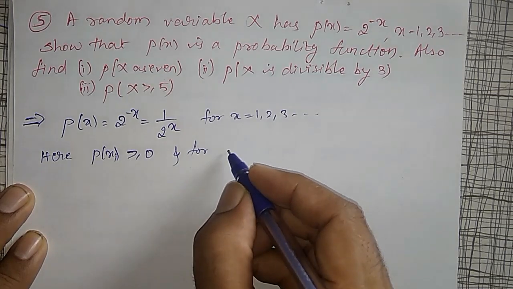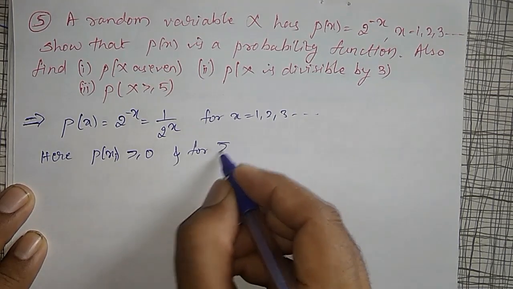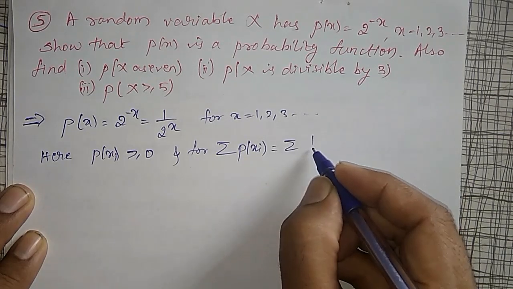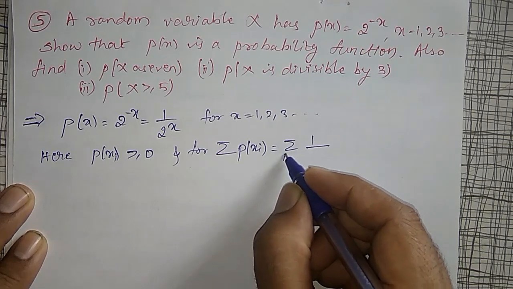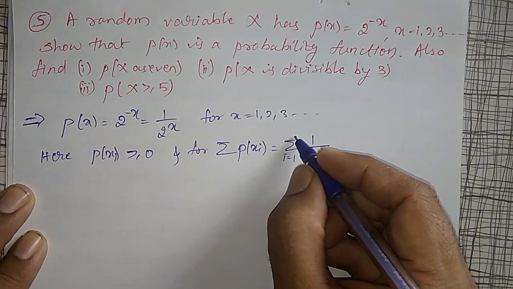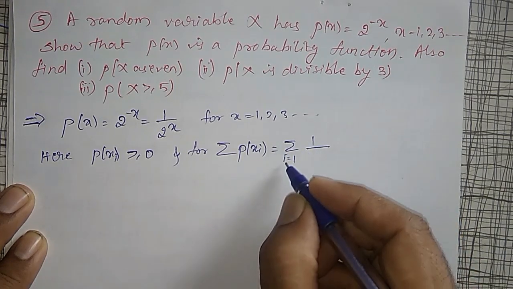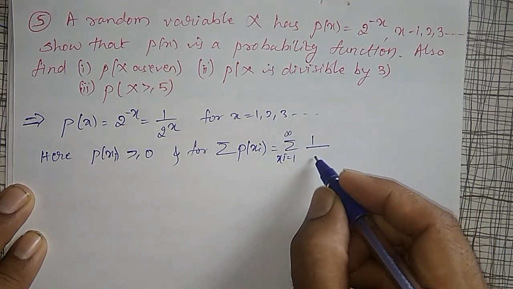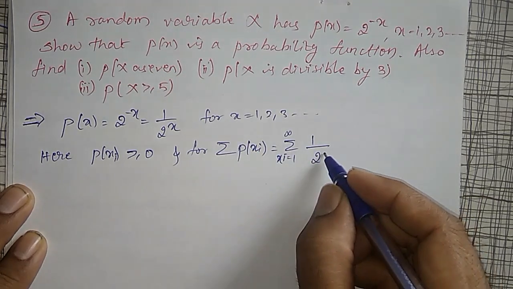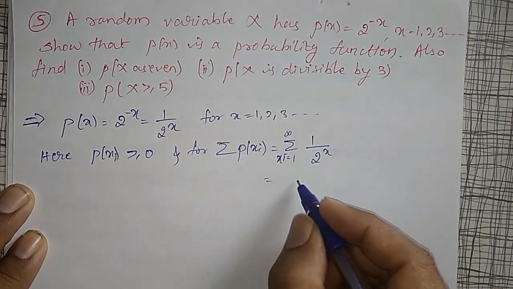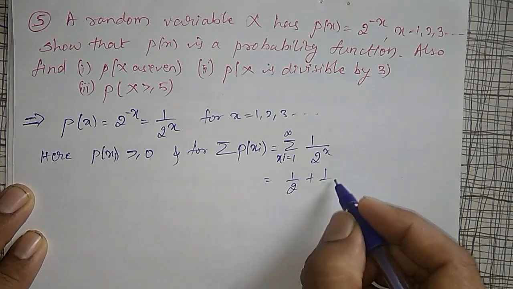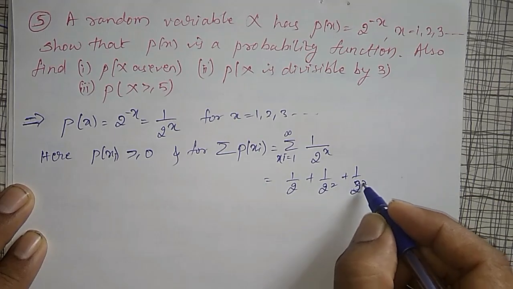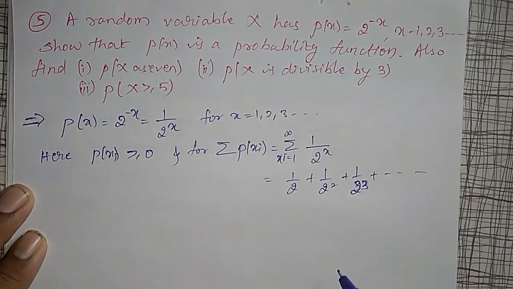For x equal to 1, 2, 3, the second condition: summation of p of xi is equal to the summation for xi equal to 1 up to infinity of 1 divided by 2 to the power x, which is equal to 1 by 2 plus 1 by 2 square plus 1 by 2 cube plus and so on.